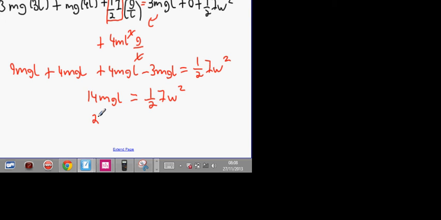Cross multiply: 28 mgl equals I omega squared. Change I into 8 ml squared, so omega squared equals 28 mgl over 8 ml squared. One of the L's will cancel, and one of the M's will cancel.